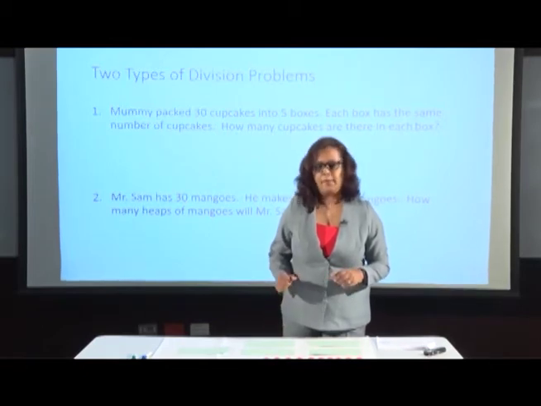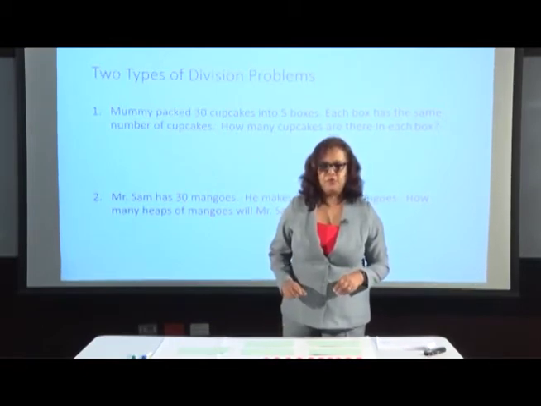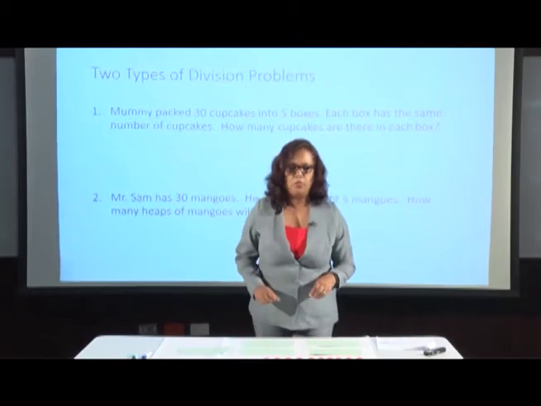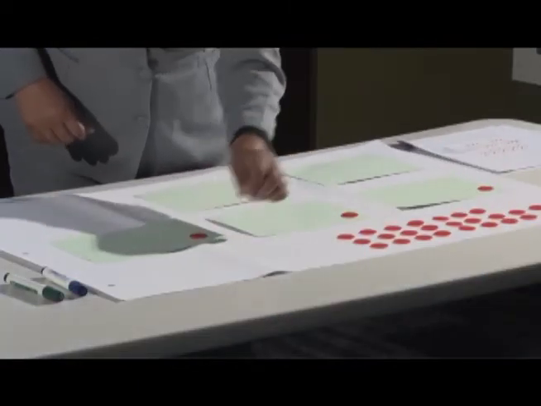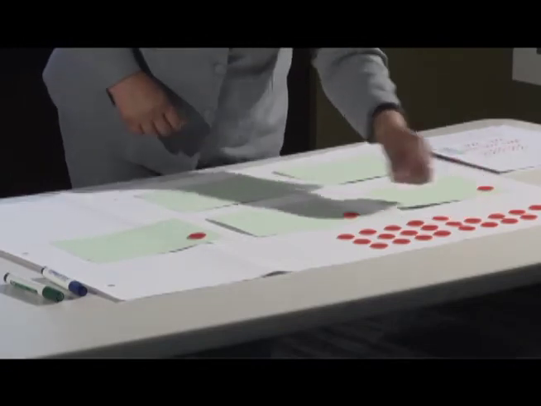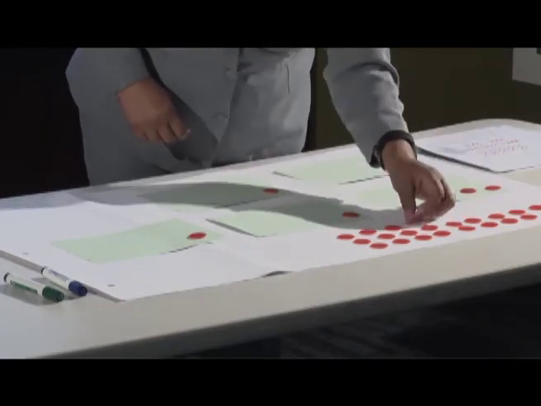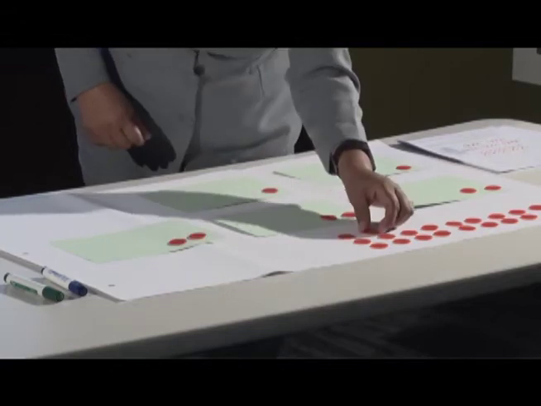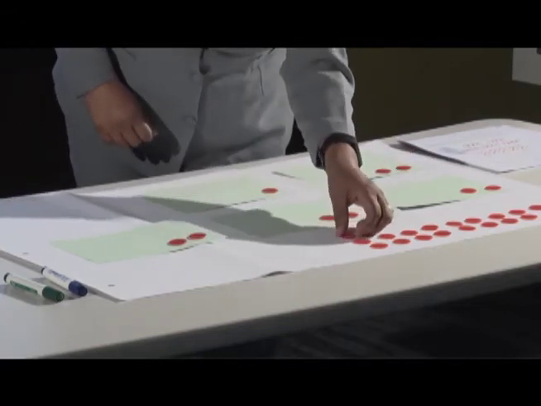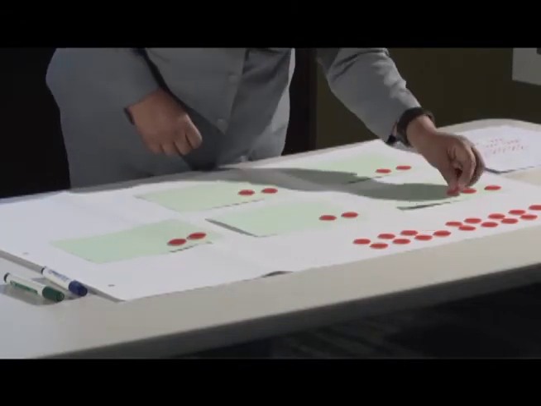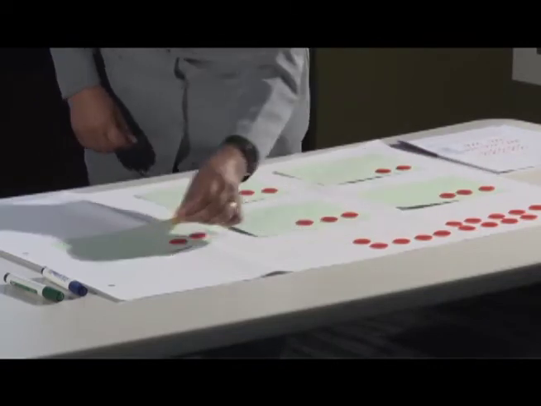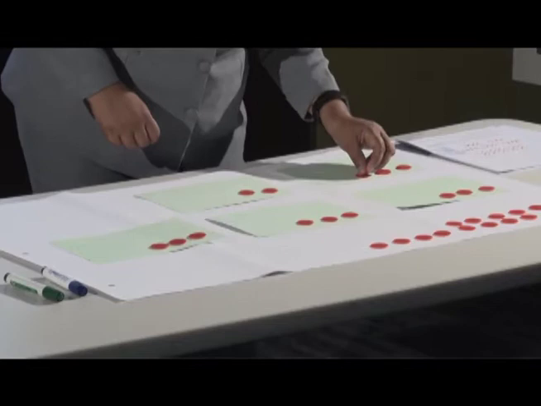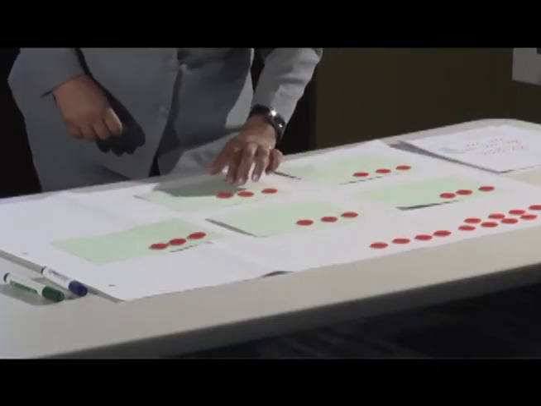I don't know how much I'm going to get, so what I will have to do is to share it one at a time. So I'm starting with my 3rd cupcake, putting the 3rd cupcake in each box.